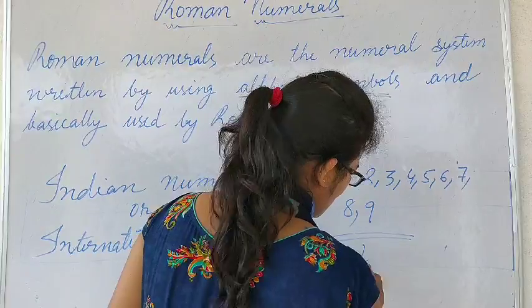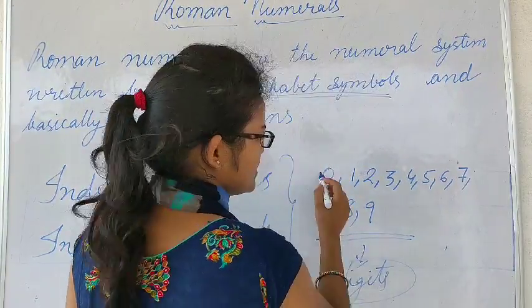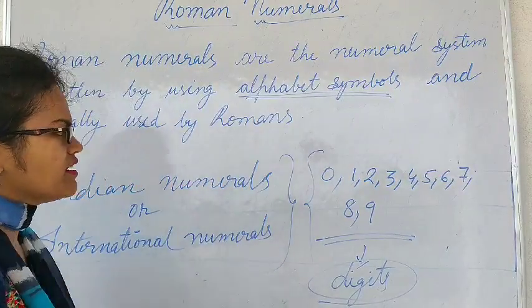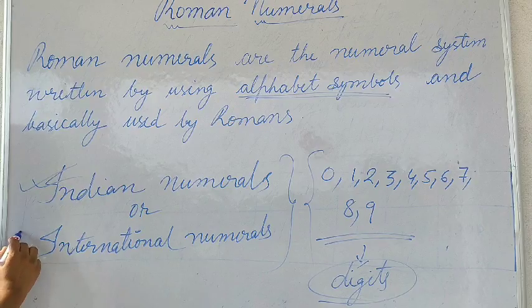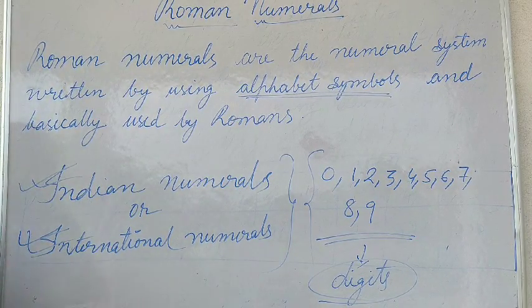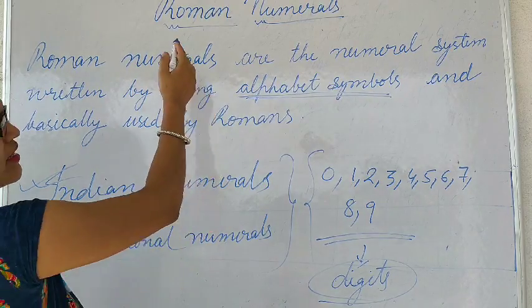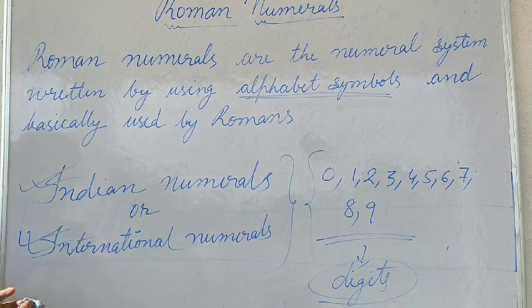So these are commonly known as digits. By using these digits, we are writing the numbers either in Indian numeral system or in international numerals. In the same way, we are writing the numbers in Roman numerals by using 7 alphabetic symbols.